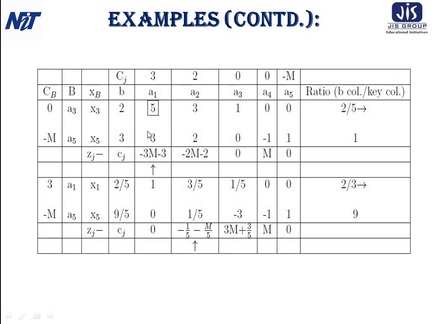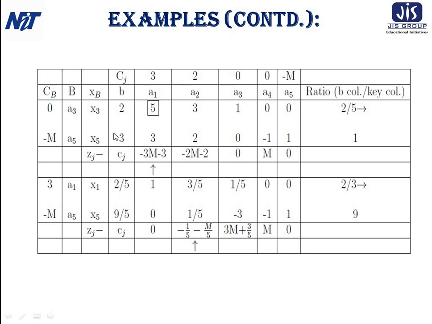Now we have to make the other element of the key column equal to 0. That means what is the other element? 3. We have to make it 0 with the help of 1, which is occurring in place of the key element. So how can we make 3 equal to 0 with the help of 1? If we multiply 1 by 3 and subtract it from here, we will get 0 here. So what should be the operation? The operation should be R2 minus 3 into R1.